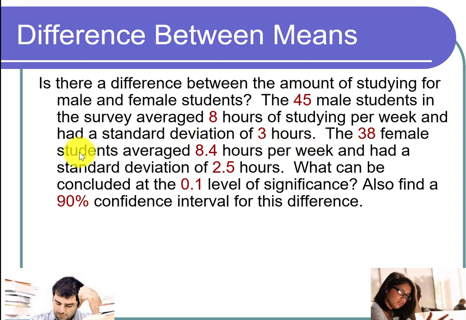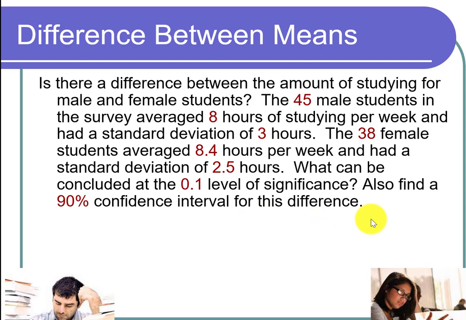The 38 female students averaged 8.4 hours per week and had a standard deviation of 2.5 hours. What can be concluded at the 0.1 or 10% level of significance? Also, find a 90% confidence interval for this difference.